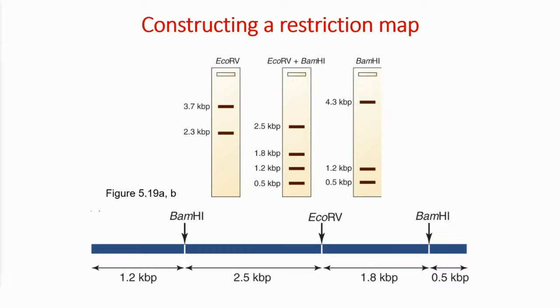Now you have to think of different combinations, different possibilities, different scenarios, because this could be 0.5, 1.8, or 1.8, 0.5, and this could be 2.5 here, 1.2 here, or the reverse. So you have two different possibilities each, and 2 multiplied by 2, so you have 4 different possible arrangements.